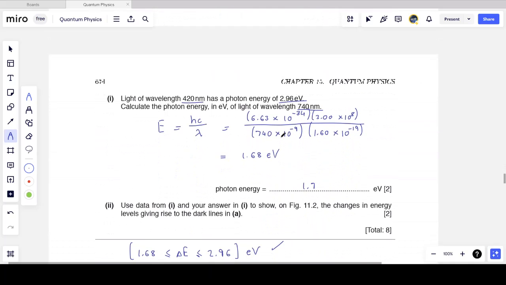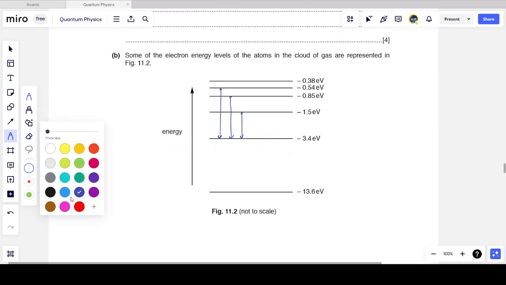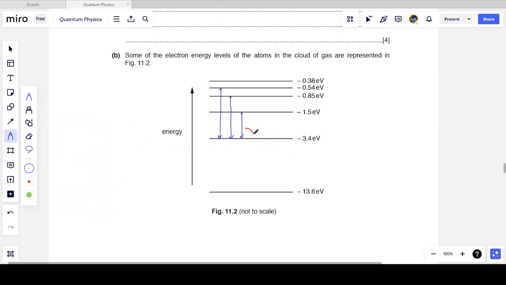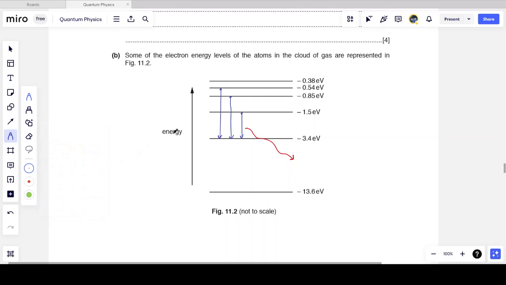So the lines in the spectrum, the colors in the spectrum, remember, each one of these lines is a specific photon. So I'm exaggerating a bit, but the smaller energies will be your long wavelength, low frequency red light, and then your bigger jumps will be your more blue or purple, high frequency, short wavelength photons.